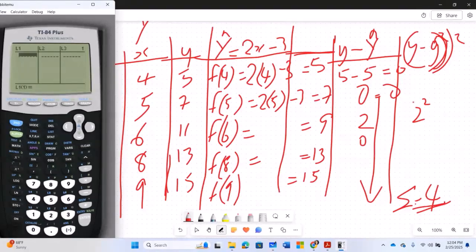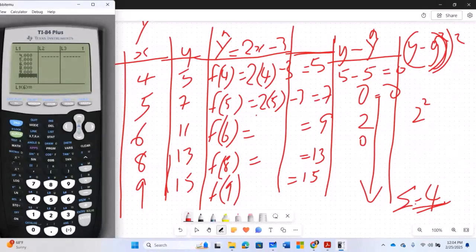Okay, so let me put this in, put my x in L1. So 4, enter, 5, enter, 6, enter, 8, 9.